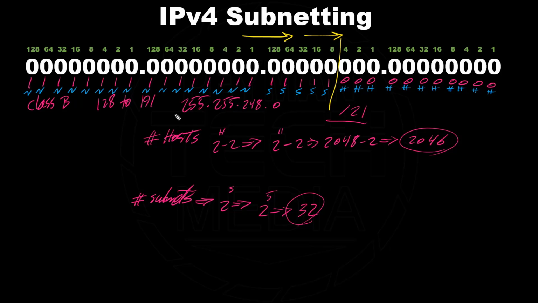So we know this is also not a default subnet mask, because the default subnet mask for class B is 255.255.0.0. But this one, 255.255.248.0, that's a classless subnet mask. And having a class B network address with this subnet mask will give us 32 subnets, each subnet with 2046 available IP addresses.